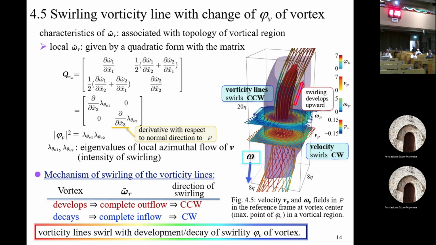And on the other hand, if the vortex decayed upward, and this component becomes negative, then the radial component of the vortex vector has complete inflow and has a vortex stretching effect to swirl clockwise. So the vortex line swirls according to decay or development of the swirlity of the vortex.